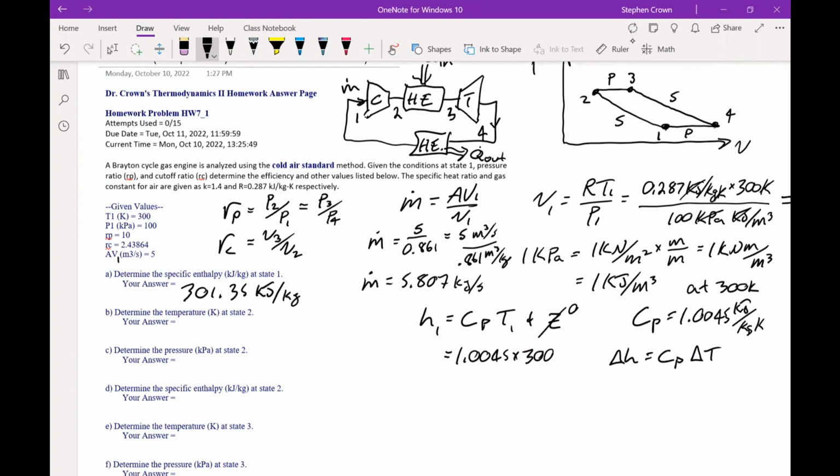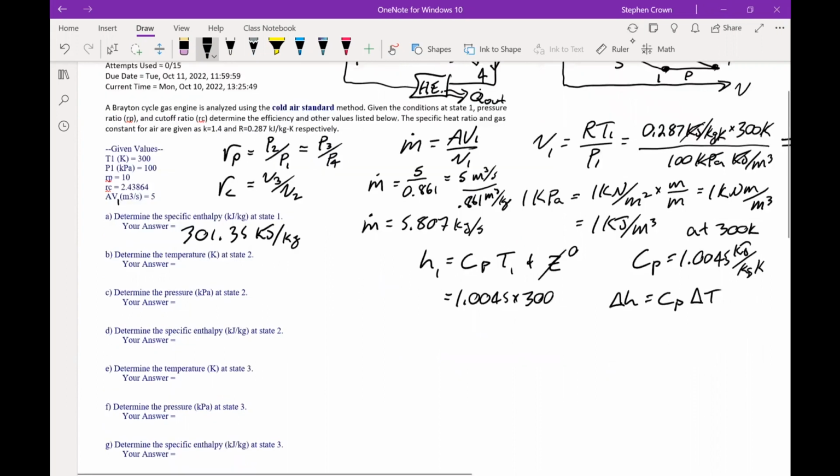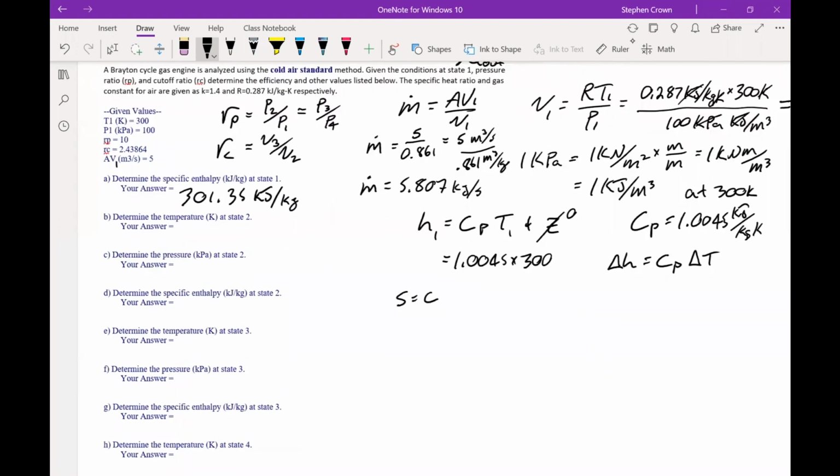Right, determine the temperature at state 2. So this is an isentropic compression process. So for constant specific heats, we can use the relationship that, so S equals a constant, that T2 over T1 equals P2 over P1 to the K minus 1 over K. In this case, along with a specific heat, K equals 1.4.